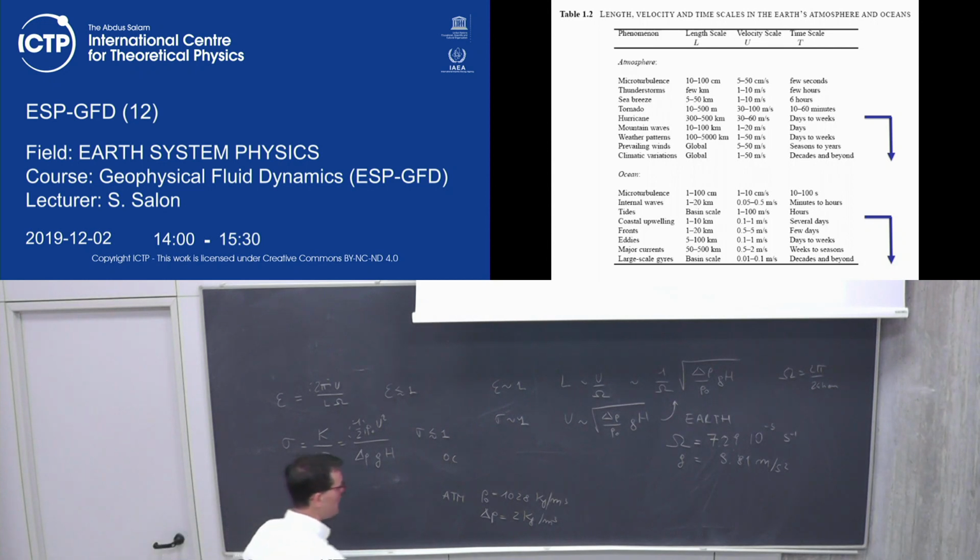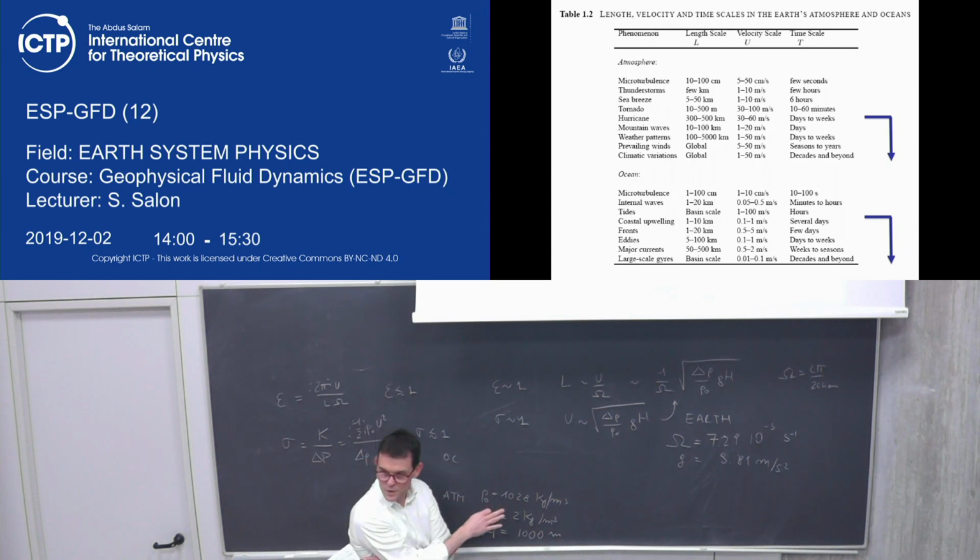And finally, we can take a typical H, which is 1000 meters. This is the background density for the seawater, and this is the typical variation that you can find. Of course it will be 5, it will be 3, it will be 1, but let's say we are talking about scales of motion. Seawater, atmosphere.